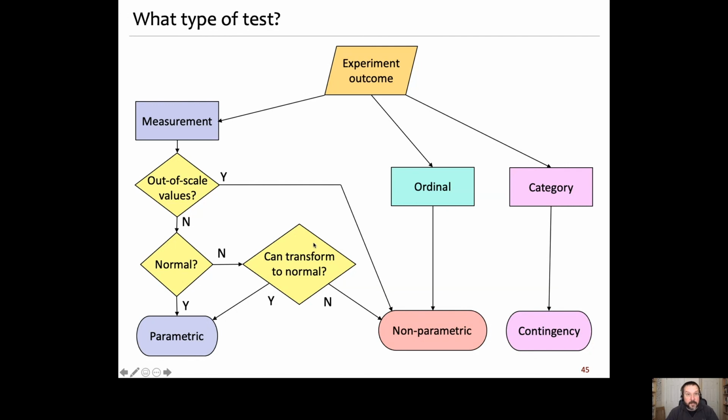Perhaps you can take a logarithm of your data and make it more normal. In such cases, you should use a parametric test, which is always more powerful. Otherwise, if everything fails, use a non-parametric test. Obviously, if your data are ordinal, then you use a non-parametric test. And if the outcome of your experiment is a category, like a cell stage from a cell sorting experiment or an outcome of a drug experiment, whether the drug worked or not, then of course you use a contingency table.